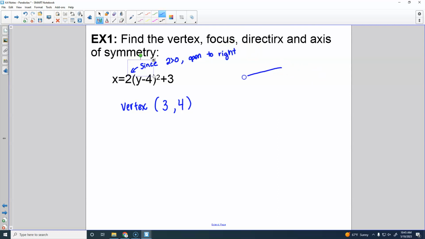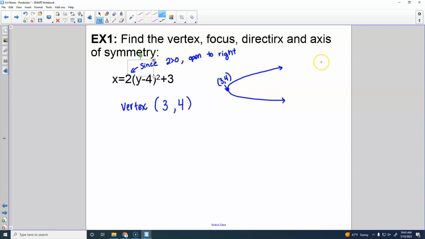So we've got a parabola. I'm going to just do a really rough sketch of a parabola here. And that vertex right there is at 3, 4. If you graph it and look at which direction it opens, that is going to help you find all of the rest of these parts.